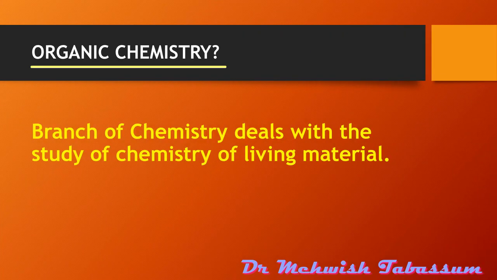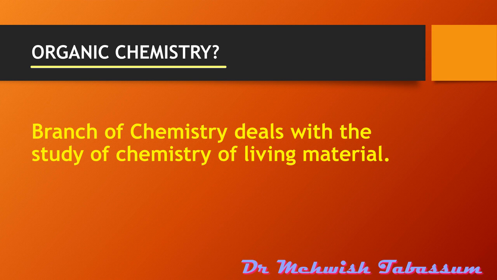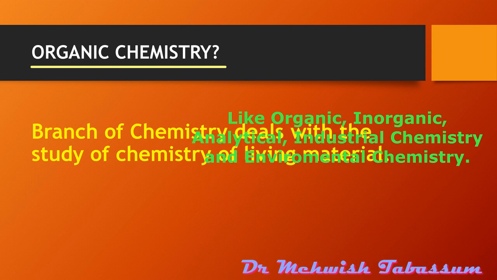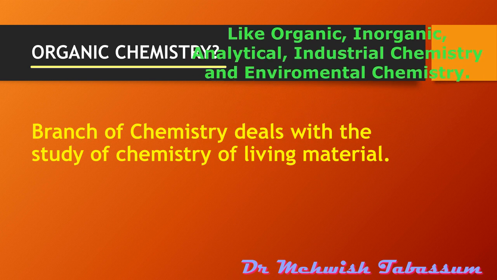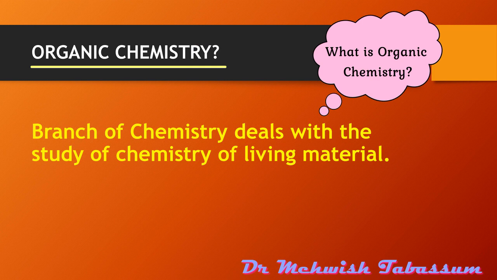First of all, what is organic chemistry? As chemistry is a very versatile field, it has so many branches, further subdivisions like organic, inorganic, analytical, then industrial chemistry, environmental chemistry, and so on. But come to the point, what is organic chemistry?